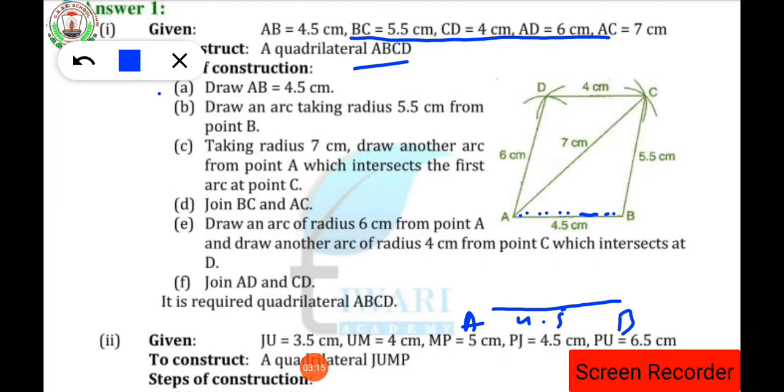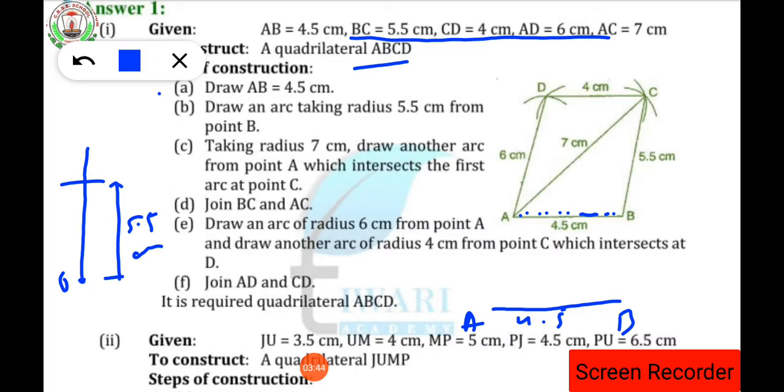Now after that we have to draw an arc taking radius 5.5 from point B. That means what you have to do? You have to take your rounder, keep the rounder needle at the 0 of your scale, and measure 5.5 with the help of your scale.